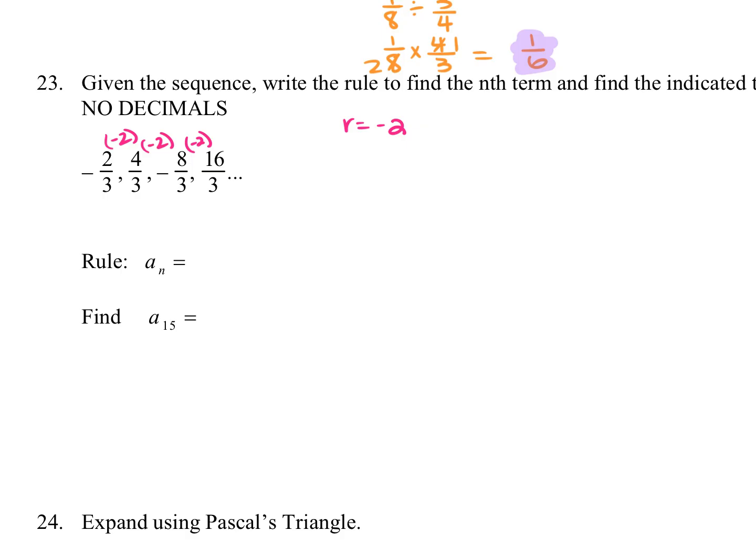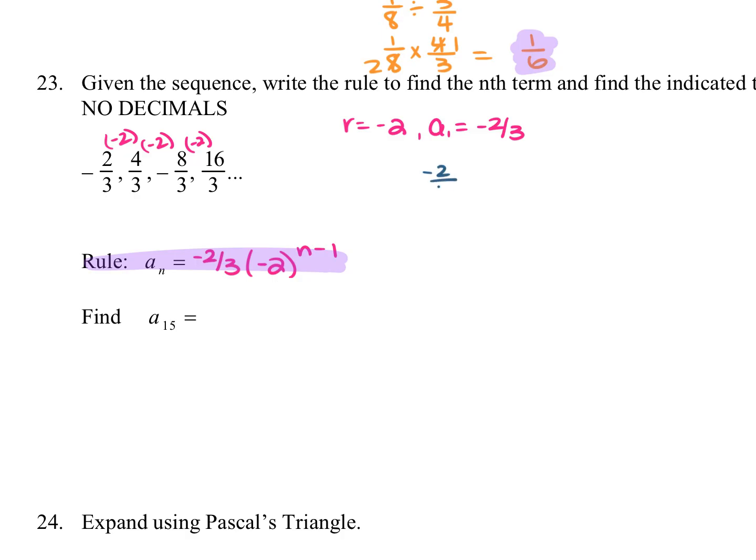Your first term, or your a sub 1, is negative 2/3. So your rule is going to be negative 2/3 times negative 2 to the power of n minus 1. To find your 15th term, we're going to plug in the 15 for n.